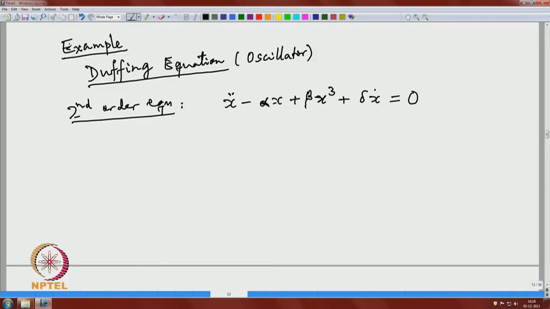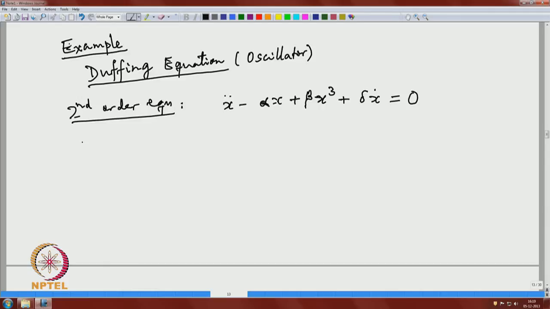So, let me also do it here. That I did not do for the logistic model. So, let me just do it for this Duffing equation. So, you learn some scaling argument.